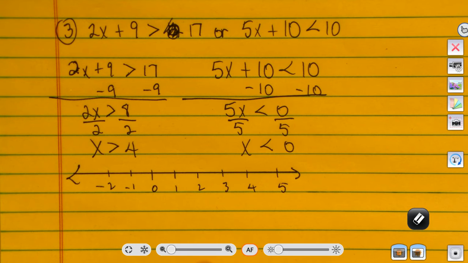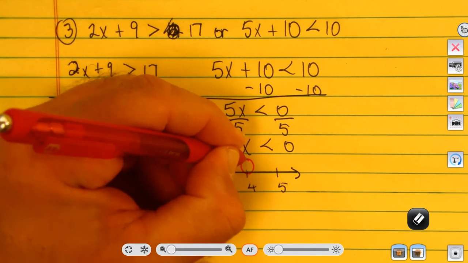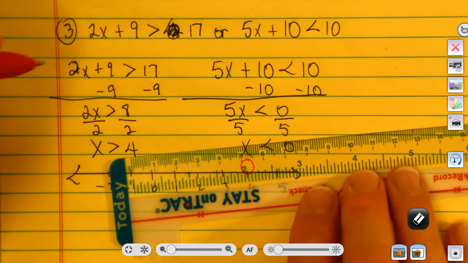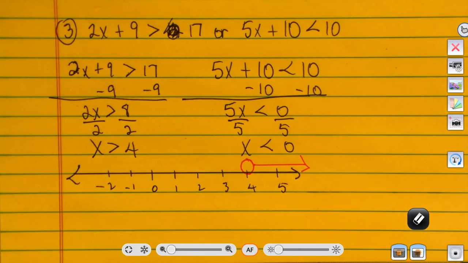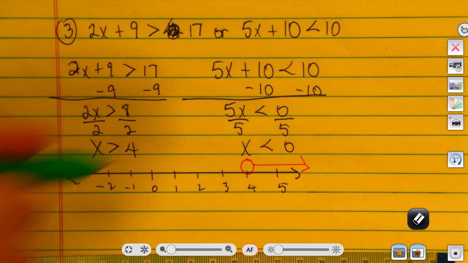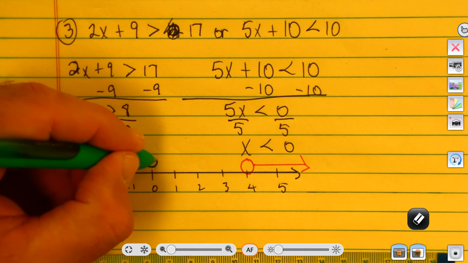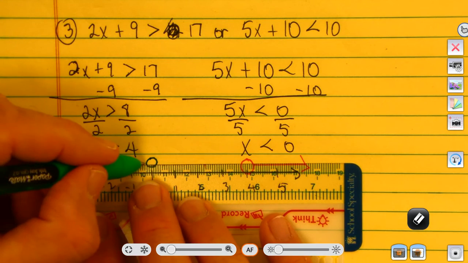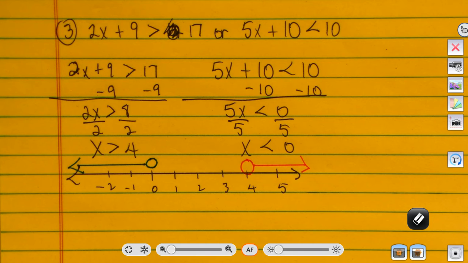Both of these will be open dots because they're not equal to, they're simply greater than or less than. And if I graph x is greater than 4, I'll put an open dot here. And it's greater than 4, so it's all values larger than 4. And then x is less than 0. So I'll put an open dot there. All values less than 0.